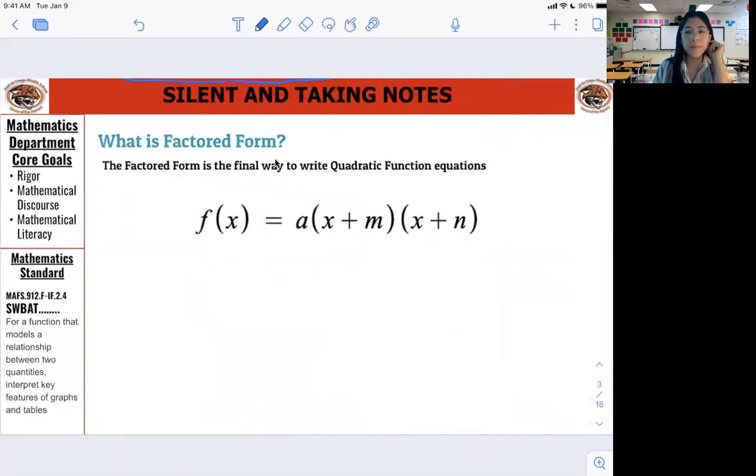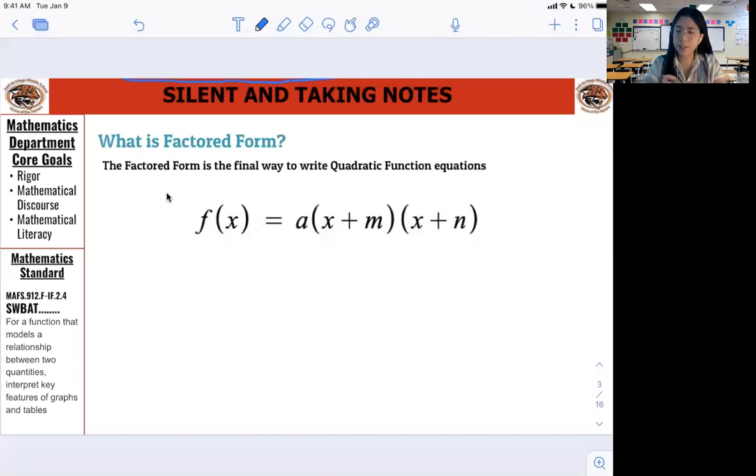All right, so now we can get into factored form. Factored form, like I said, is the last type of form that we're learning about. We've done vertex form. What does vertex form tell you about a function just by looking? Shape and size, translation, and more importantly than all of that, it tells you one specific place on the graph.